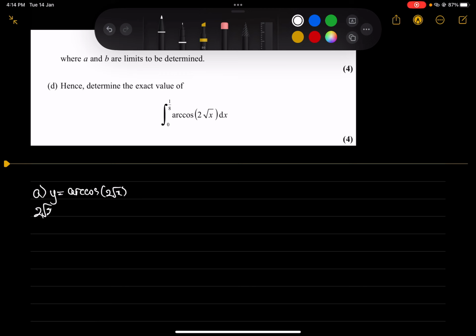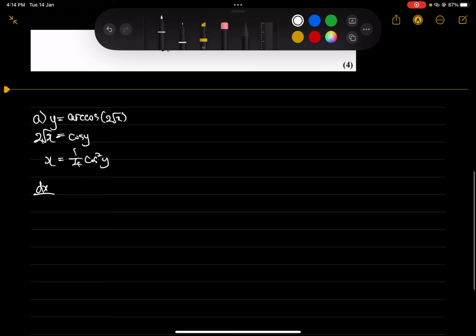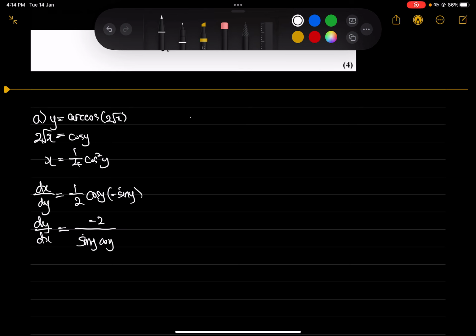So obviously 2 root x is cosine y, which gives us x is 1/4 cosine squared of y, and dx/dy is 1/2 cosine y and then negative sine y. So dy/dx is negative 2 over sine y cosine y, and cosine y is 2 root x, which implies sine y is root of 1 minus 4x.